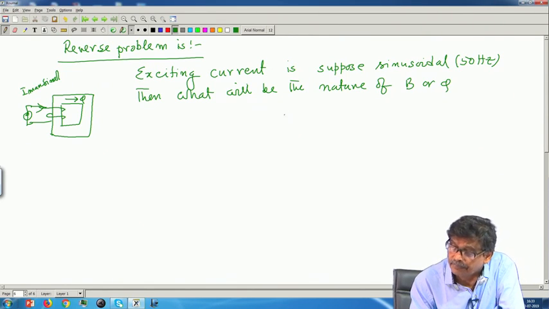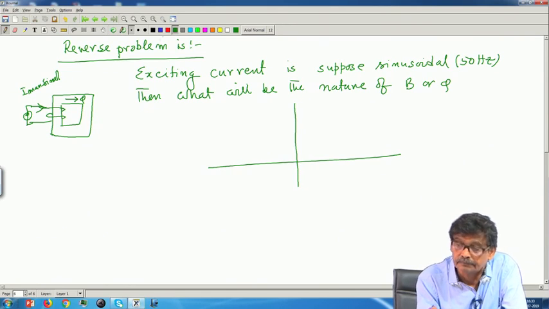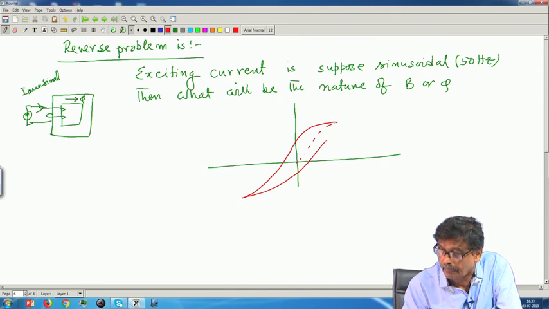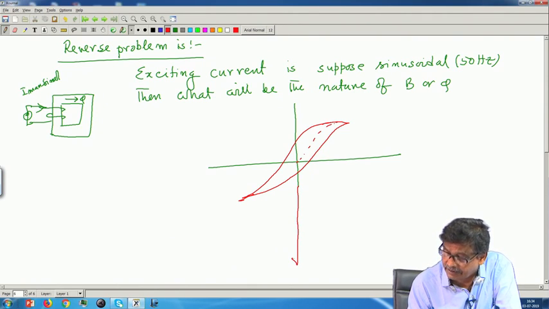So, same problem. So, draw the BH curve, as I have drawn previously. This is the BH curve. Now, this is omega t, and this is the current waveform.